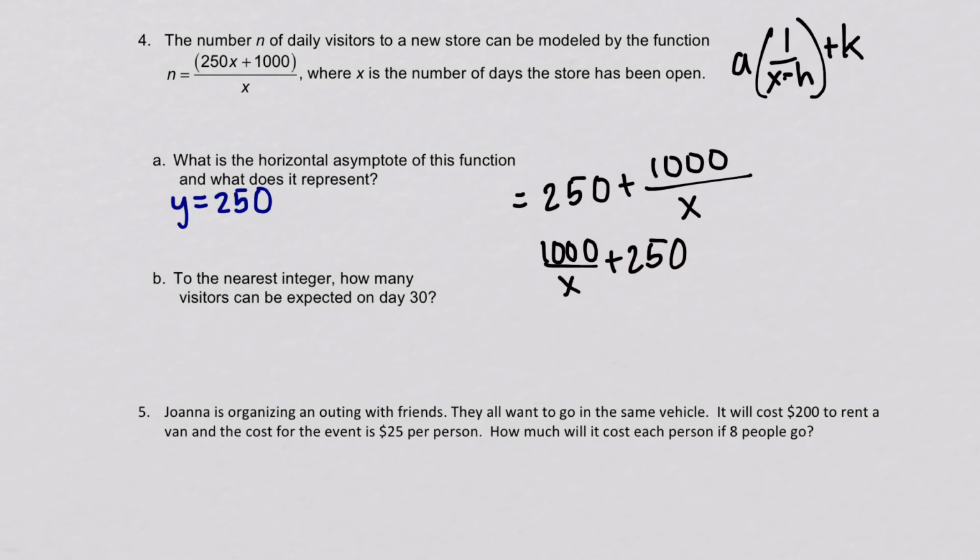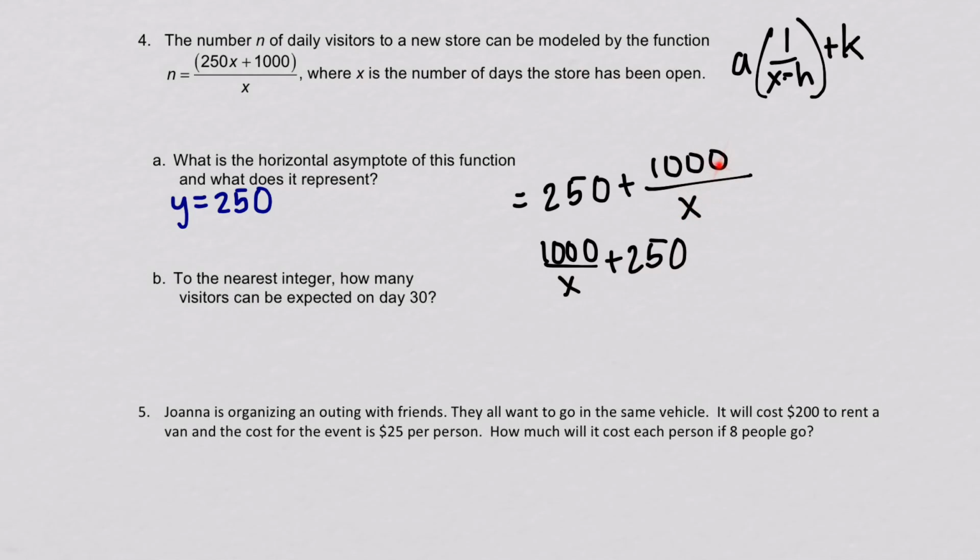What does that mean? What does that represent? Well, if you think about it, you could plug in whatever number you want in here for x. X is the number of days the store has been open. So 20 days, 30 days, 40 days, 50 days. Plug in as many numbers as you want. As x gets bigger and bigger, let's say you plug in 1,000, that's 1,000 over 1, which is 1.